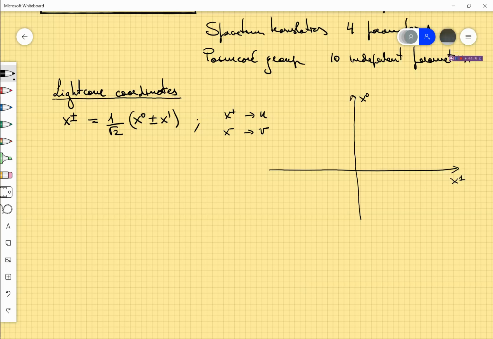Okay, the coordinate x plus would be here. This would be x plus, and this would be the axis of the coordinates x minus. How do I know this?